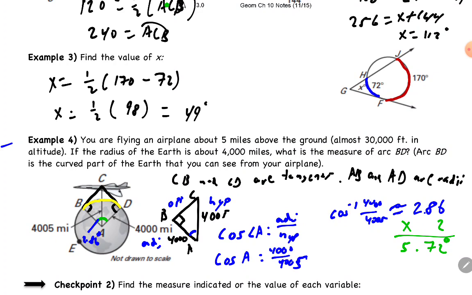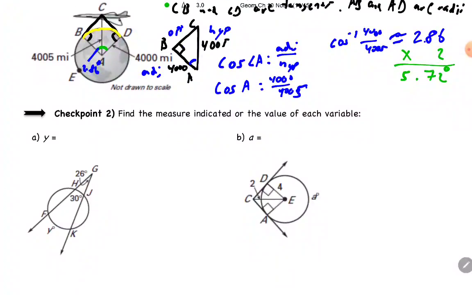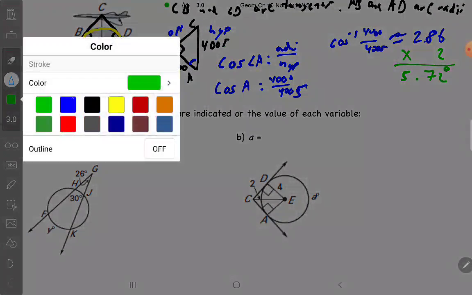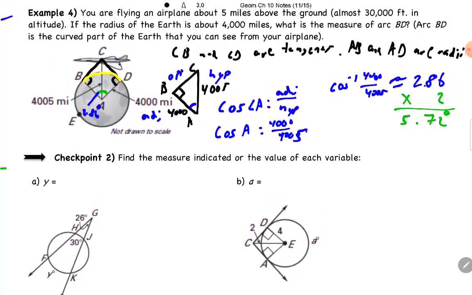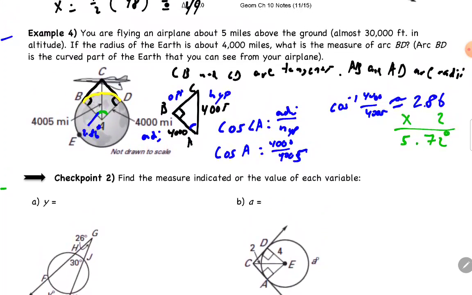They have the same measure, so 5.72 degrees. That was a more difficult one because we had to use past sections, past material to figure it out. And the picture made it a lot easier.